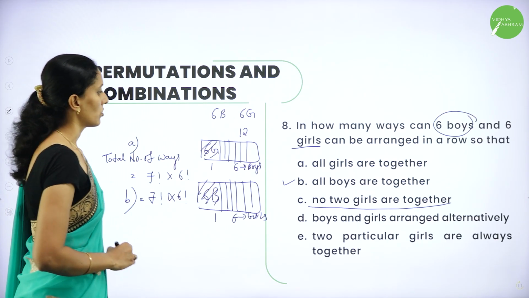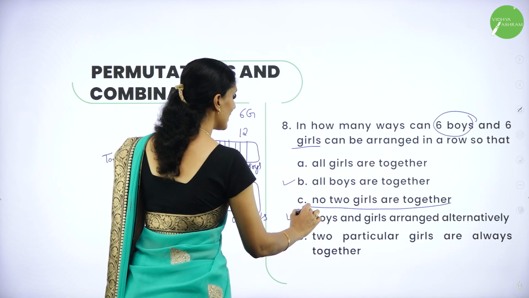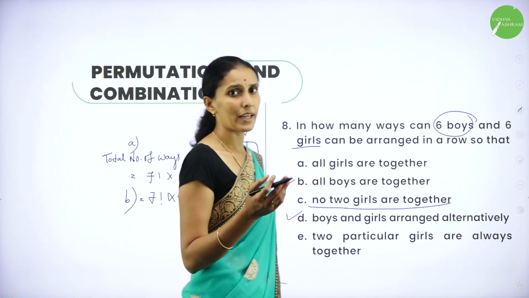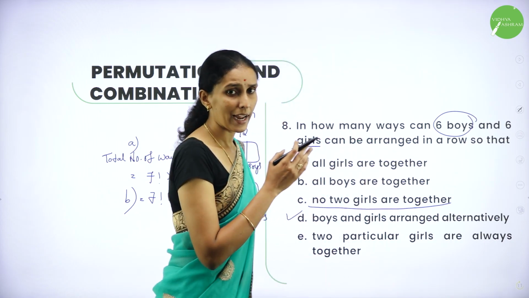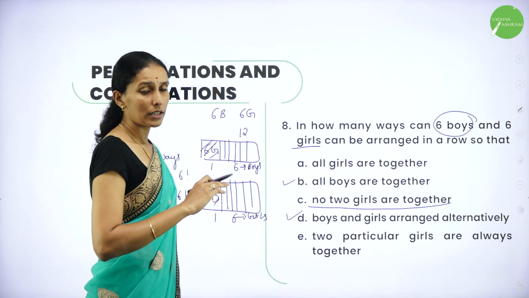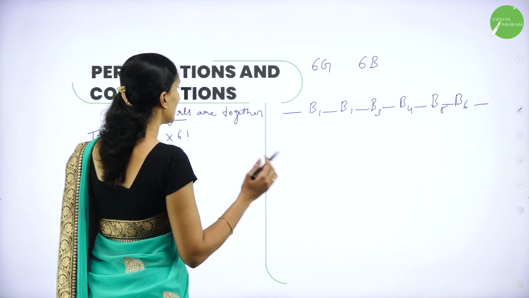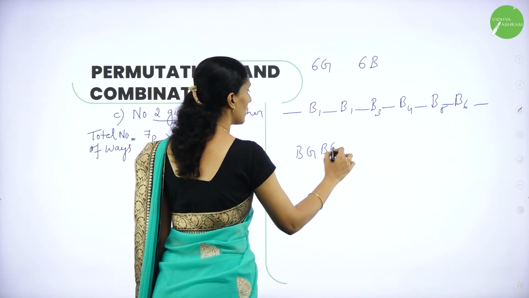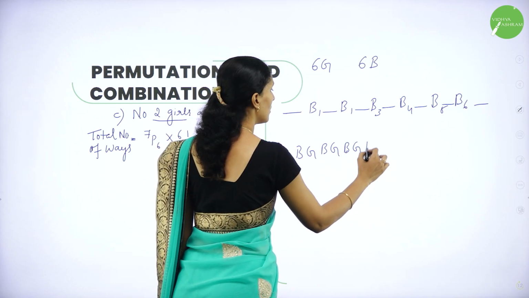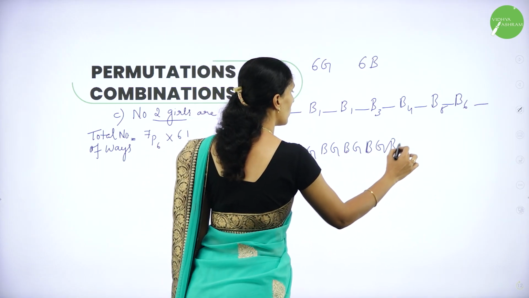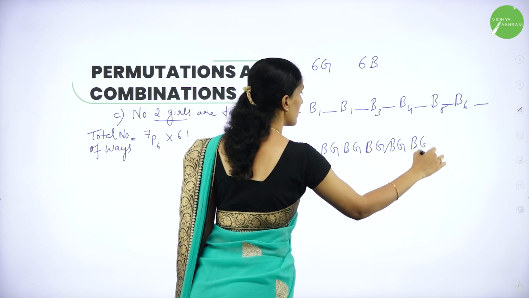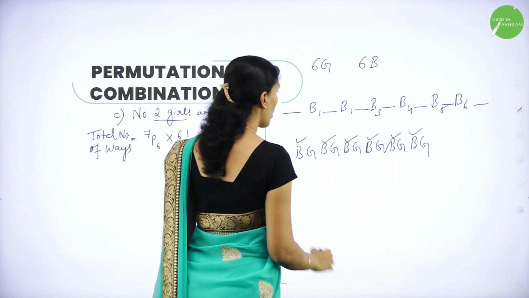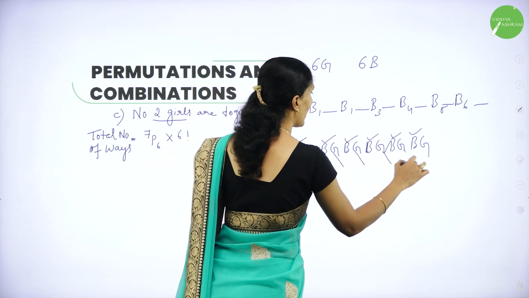Okay, next question. Boys and girls arranged alternatively. This is very simple. After each boy, we can arrange a girl. First, we can either take boy, girl or girl, boy. So start with boy, girl, boy, girl, boy, girl, boy, girl. So B, G and B, G. We have 1, 2, 3, 4, 5, 6 boys and 1, 2, 3, 4, 5, 6 girls.